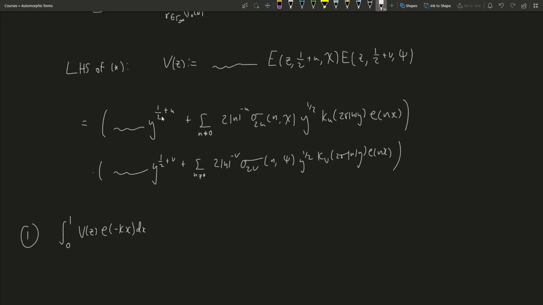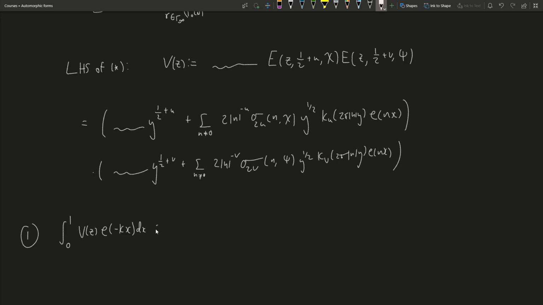Either we take this constant term here, and we take e of kx, this term where n is k, or we take the constant term here and we take the term where n is k, or we take n and k minus n.